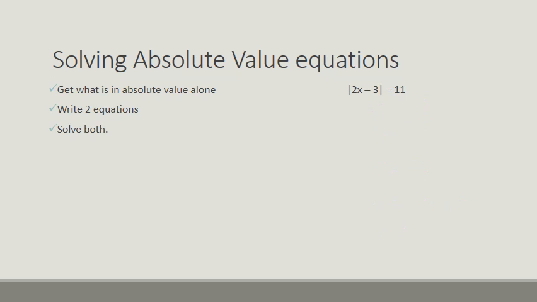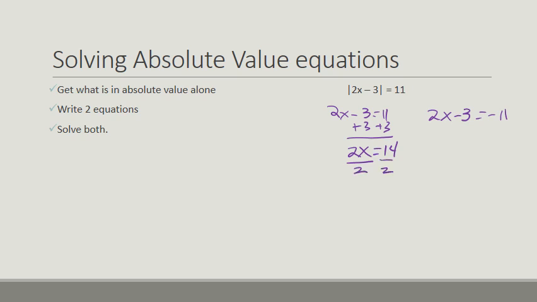Same process here. Since these absolute value symbols are already alone, I'm going to write my two equations. 2x minus 3 equals 11, and 2x minus 3 equals negative 11. You're going to add 3 to both sides in the first equation, and you're going to get 2x equals 14.